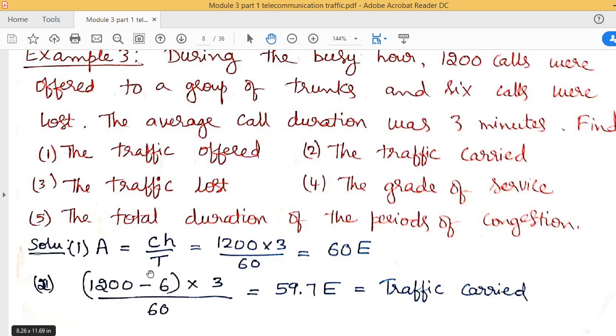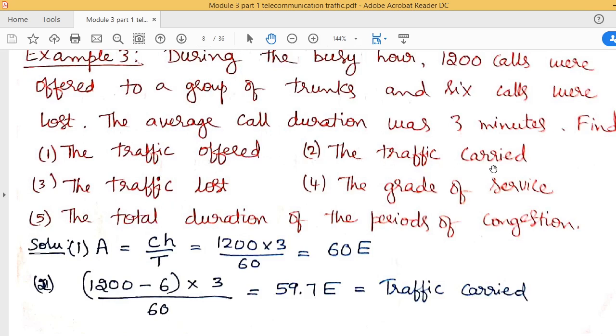So the total remaining calls that are in progress are 1200 minus 6, times the holding time. So it is the same equation, traffic carried A equal to CH by T, where here C is the number of calls that are in progress. Traffic carried is the number of calls in progress, excluding the calls that are lost. The obtained value is 59.7 erlang. This is the traffic carried.